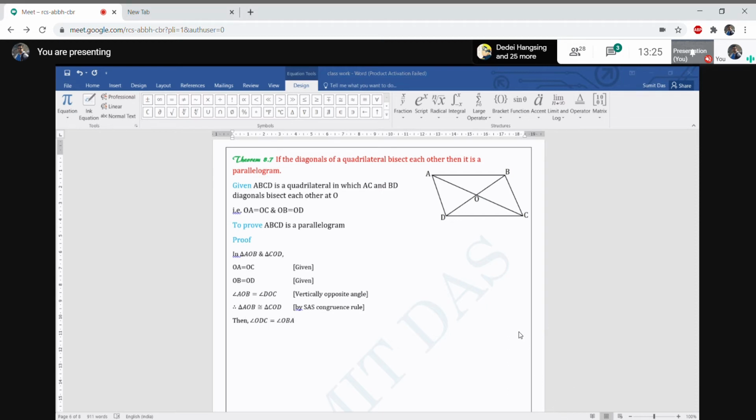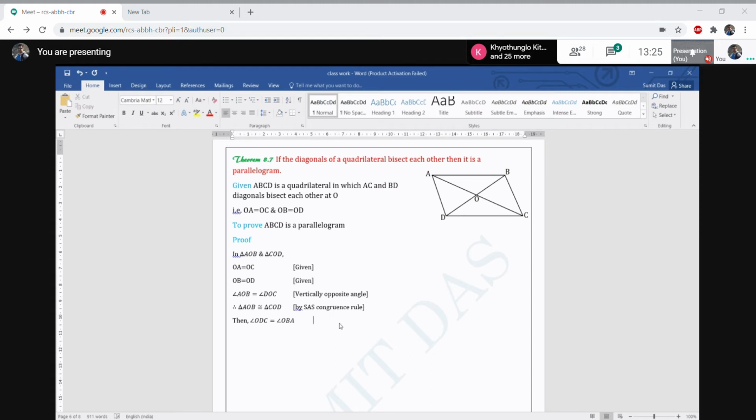You can see which is angle ODC. Angle ODC means this angle, and angle OBA. They are equal by CPCT rule, right? By CPCT.